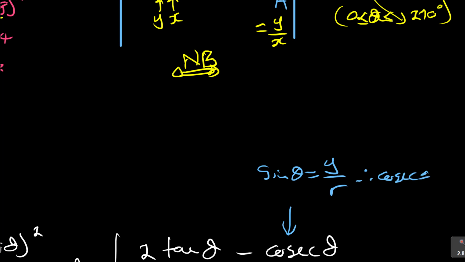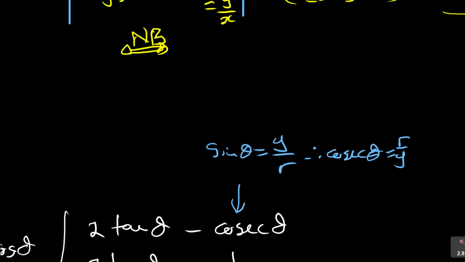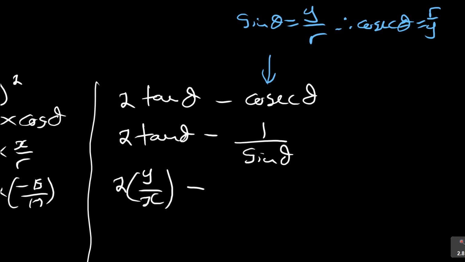Cosec theta is equal to what? R over y. You just interchange that. So if the other one is y over r, cosec is the inverse, which is r over y. So here you can just look at it and say, this is the same as saying 1 over sine theta in a way, but you just do the inverse, which is minus r over y in this case.